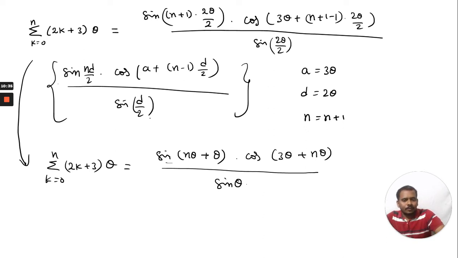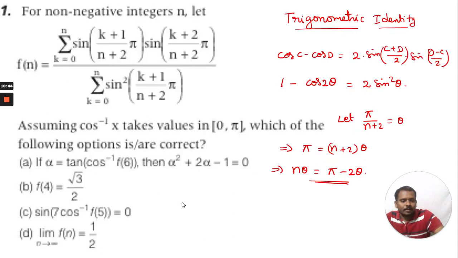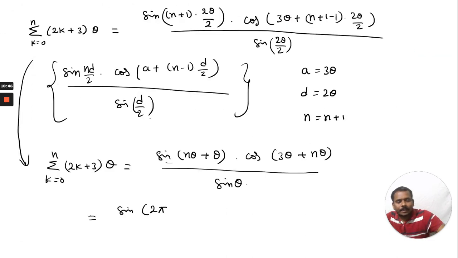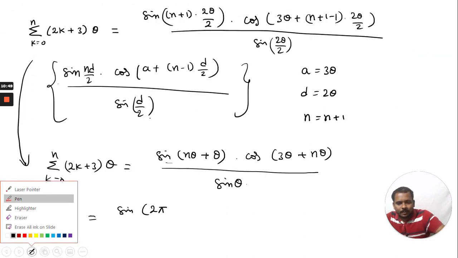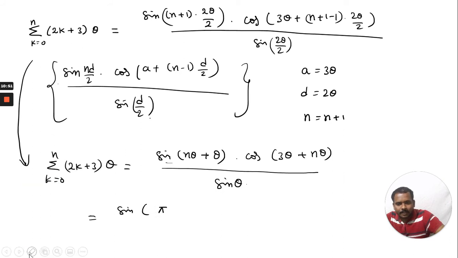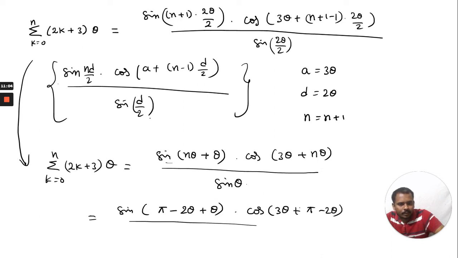So now we know that, right? What is n theta? We have n theta is pi minus 2 theta. So let's replace n theta with pi minus 2 theta here also, and the whole divided by sin theta.